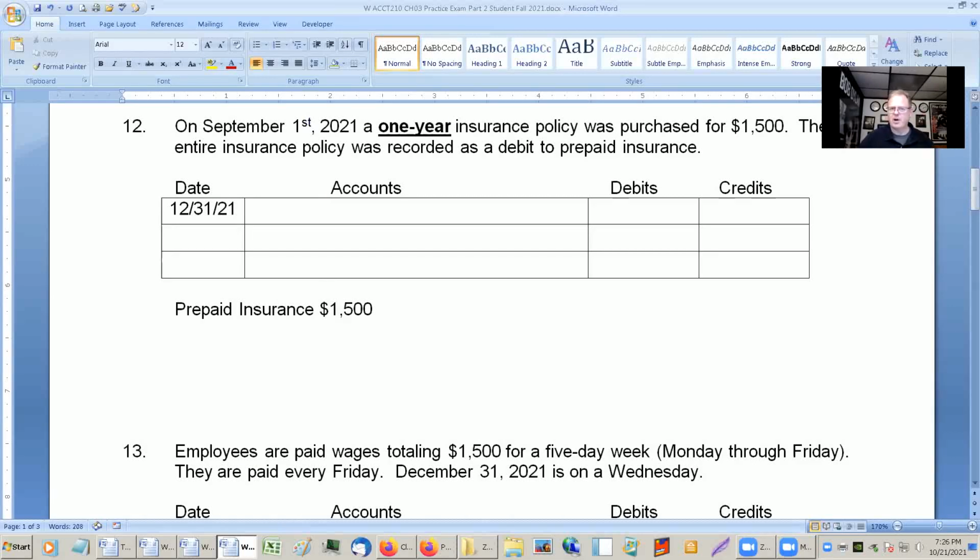Okay, so how much is it per month? Per month will be, give me 1 second. It's going to be 1,500 divided by 12. It's going to be 125. Yep. A month is 125.